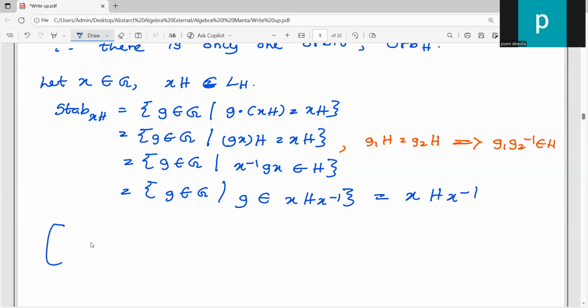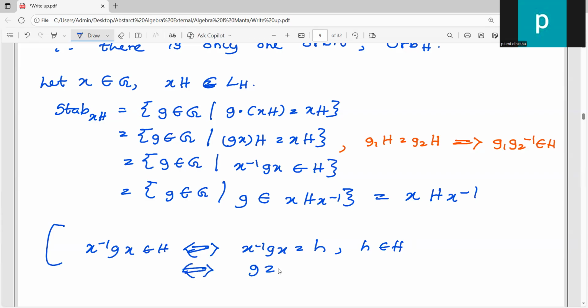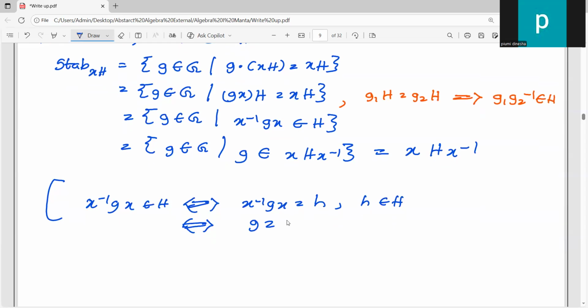To see why we have this: x inverse gx is an element in H if and only if x inverse gx is equal to h, where h comes from the set H. This is if and only if g, by definition of sets, okay? We are simply applying the definition of the set H. If it is an element in H, it must take the form of an element that's in the set.